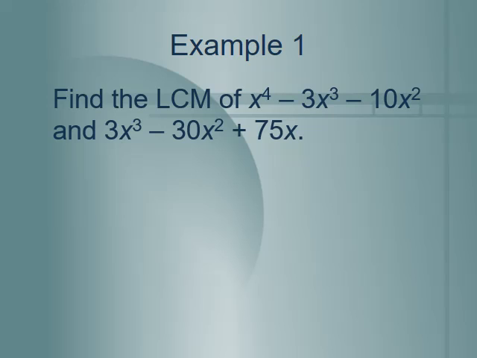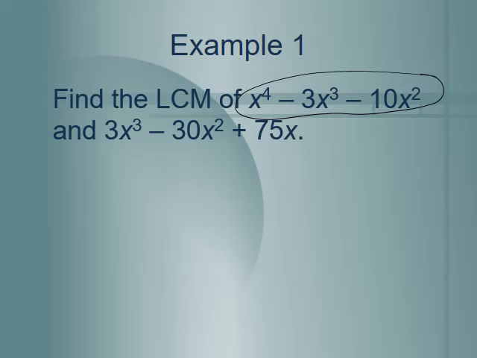So let's find the least common multiple of these two expressions. Now this does not look like what we're used to seeing. In our x to the 4th minus 3x to the 3rd minus 10x squared, if we notice, none of our numbers actually have anything in common, but we do all have x's.